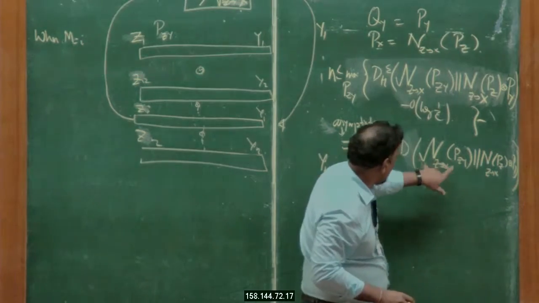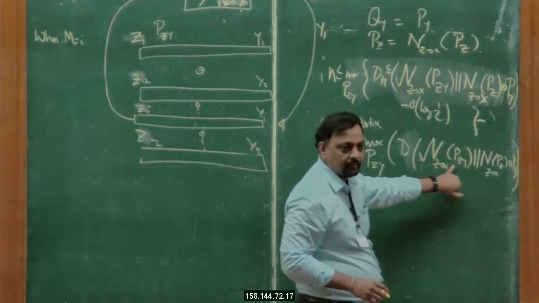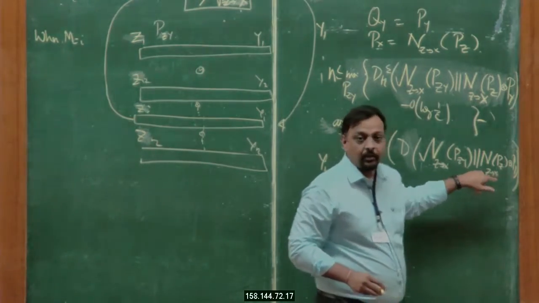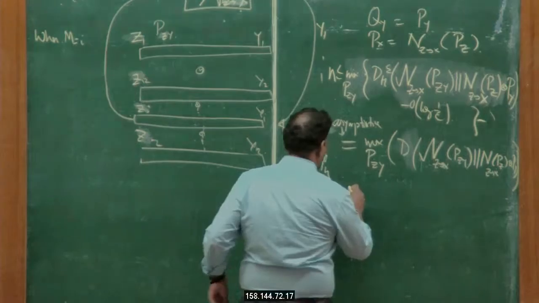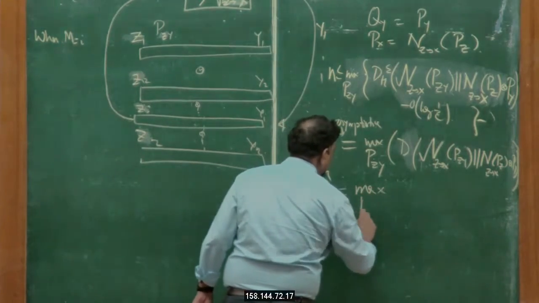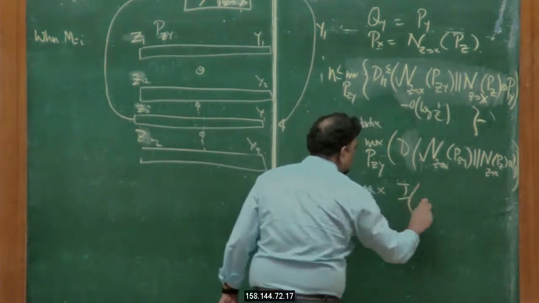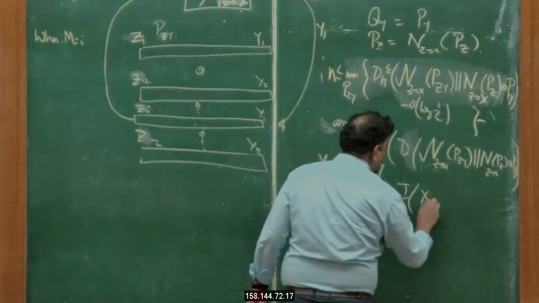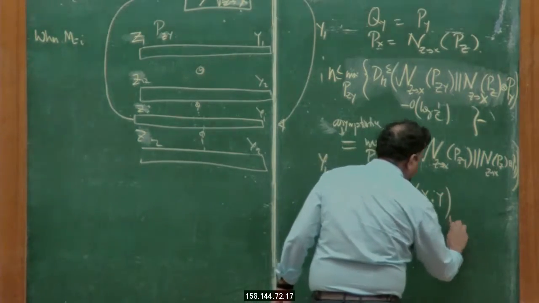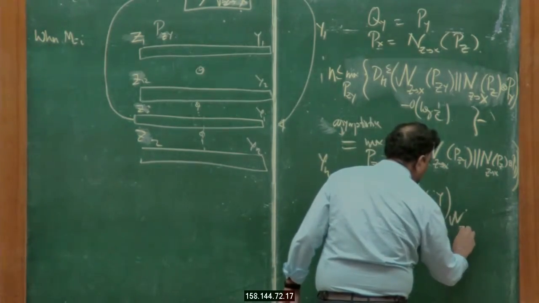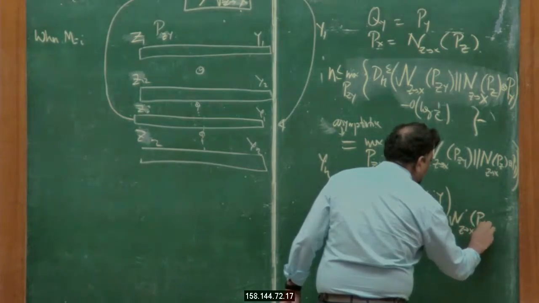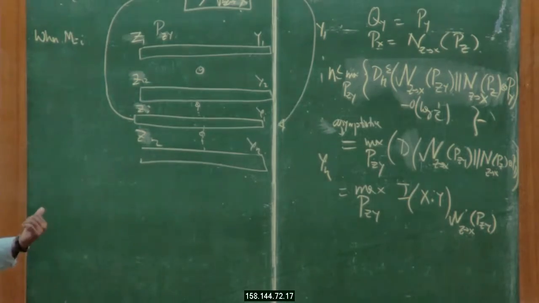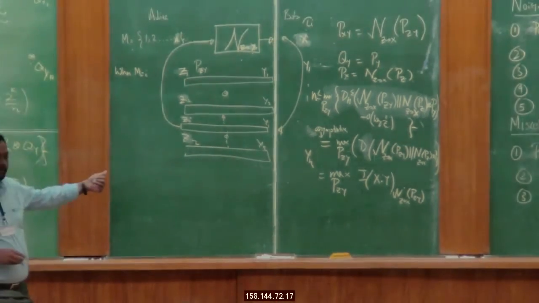This is just the marginal of the same distribution on Z. So it is the relative entropy of a distribution with the tensor of its marginals. So that's the same as I of X colon Y, with Z going to X of PZY. And this is the way we recover capacity.